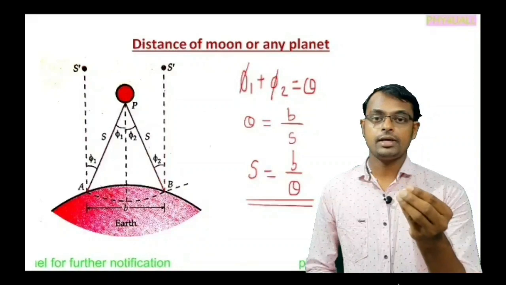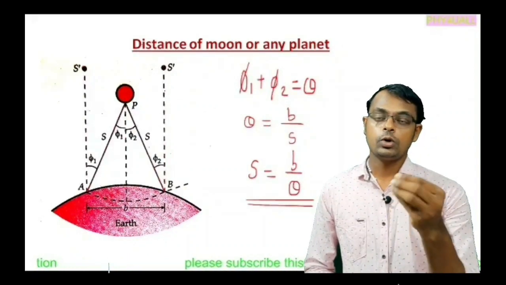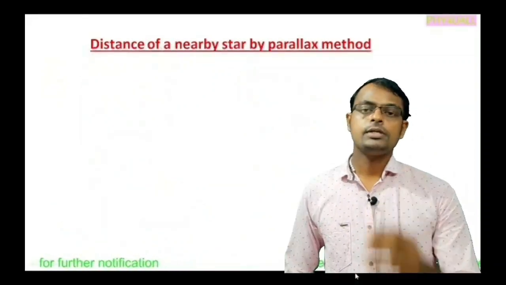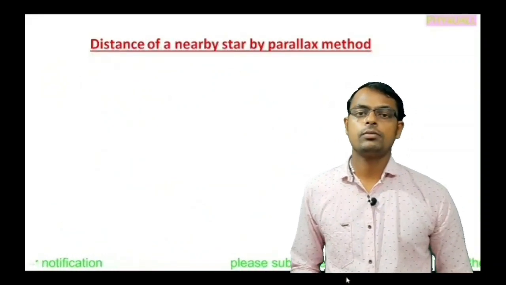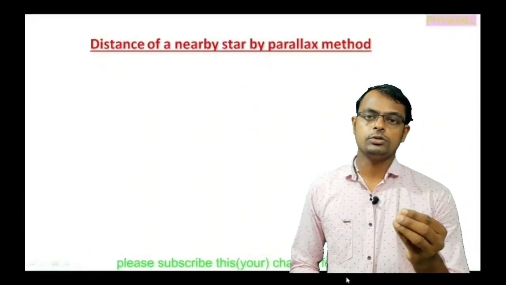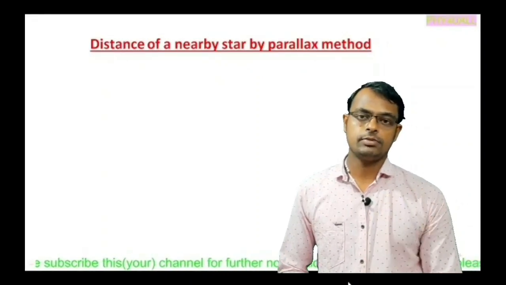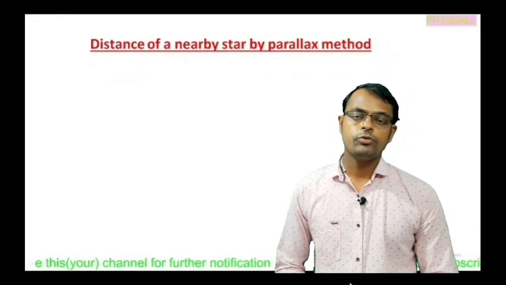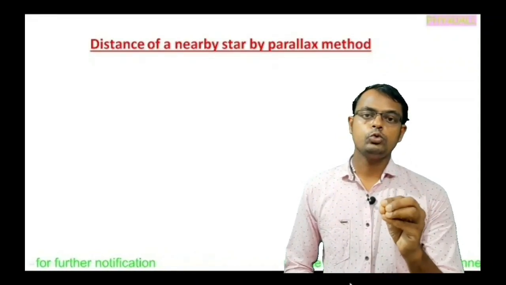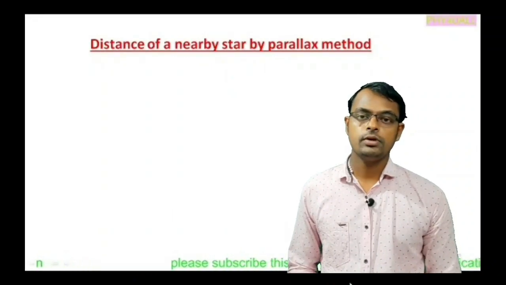So this is the parallax method we apply to measure the distance of the moon or any planet from the earth's surface. Now, once again, you are going to apply the parallax method to measure the distance of a nearby star. For that, we take two observing points.